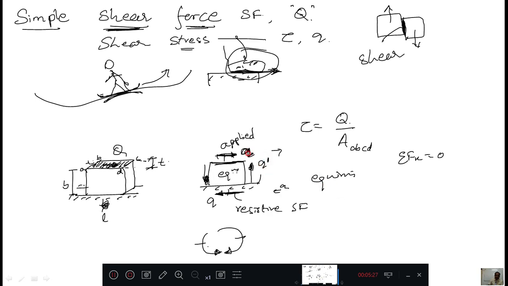Numerically, q and q dash are the same. So here we got three terms for shear: the applied shear, the resisting shear, and, to keep the body in equilibrium, the complementary shear.